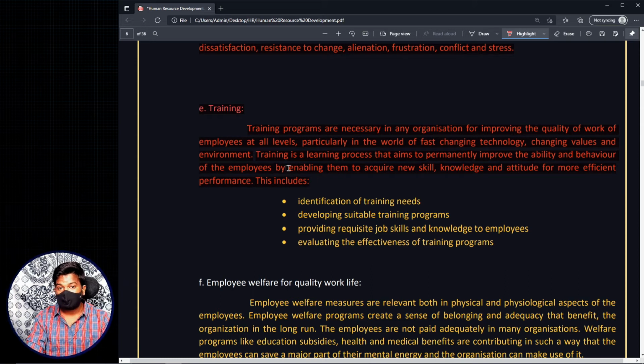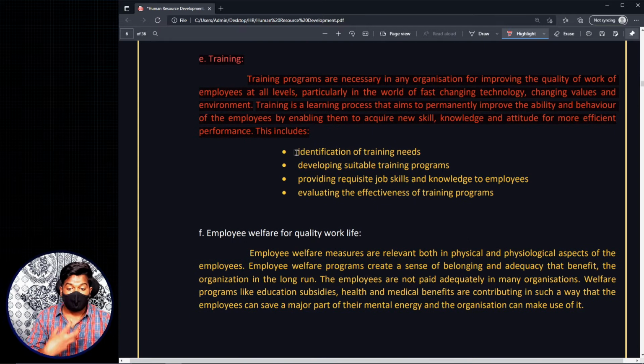A training program includes first identifying the training needs, then developing a program to satisfy those needs, then implementing the program, that is, providing requisite job skills and knowledge to employees, and evaluating the effectiveness of the training program.